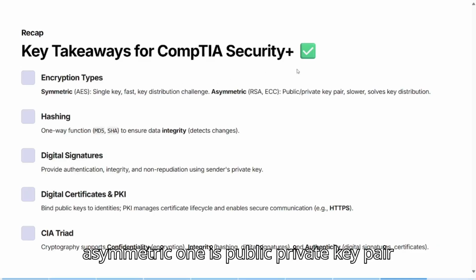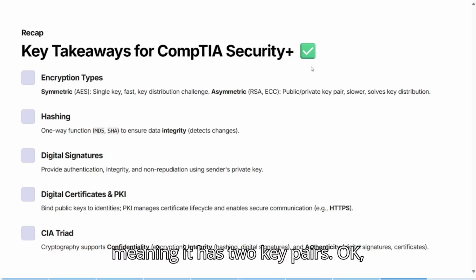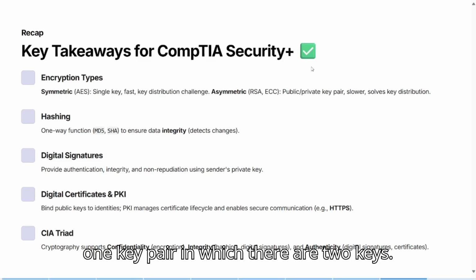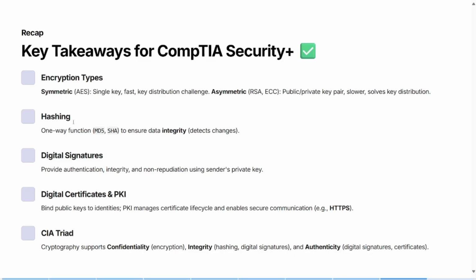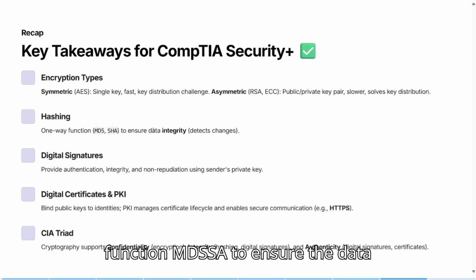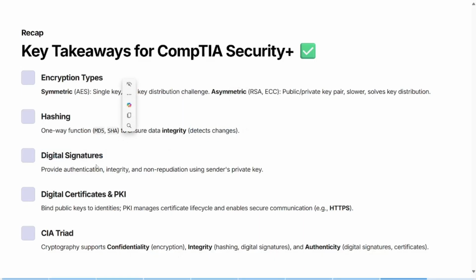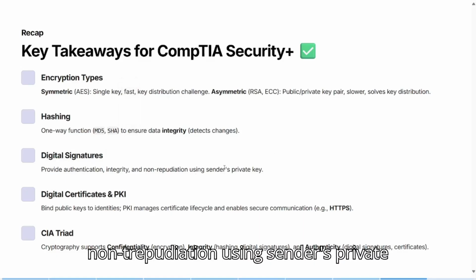Asymmetric uses a public-private key pair, meaning one key pair in which there are two keys. It is slower and solves key distribution. The second is hashing. It is a one-way function, MD5, SHA, to ensure data integrity. As I mentioned, it detects changes. Third is digital signatures, which provide authentication, integrity, and non-repudiation using the sender's private key.